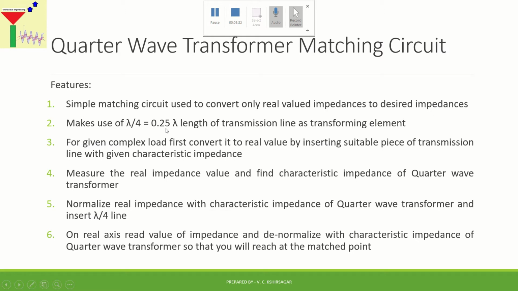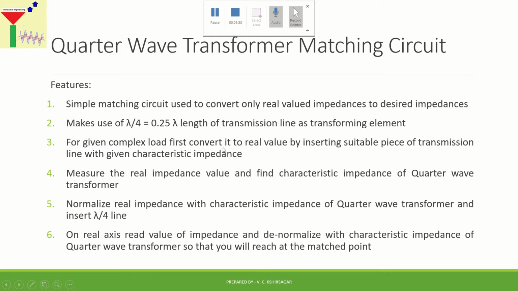The quarter wave transformer is also a piece of transmission line, but its length is always lambda by 4. To convert the complex load impedance to a real value, we need to insert a suitable length of transmission line, which ensures that the complex load impedance gets converted into a real value of impedance.